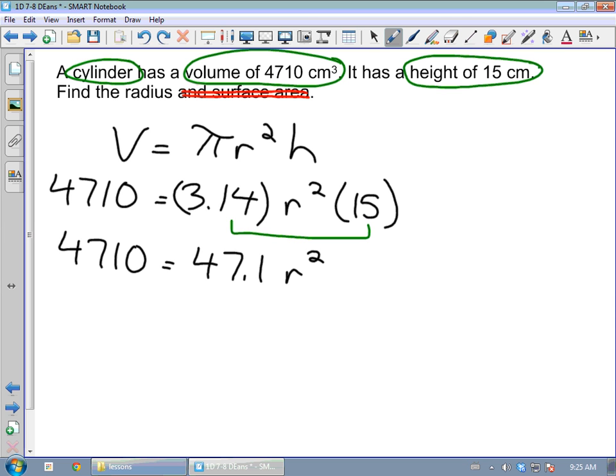If I want to solve for r, what am I going to do next? Not subtract. What operation is being done between the 47.1 and the r squared? Multiplication, so the opposite of multiplication is division. We're going to divide both sides by 47.1.